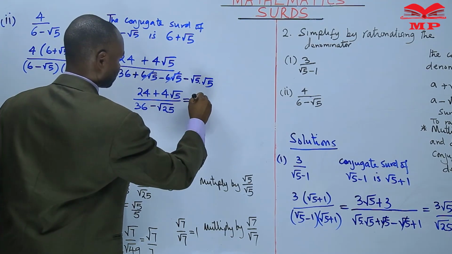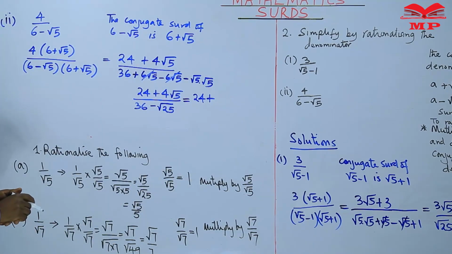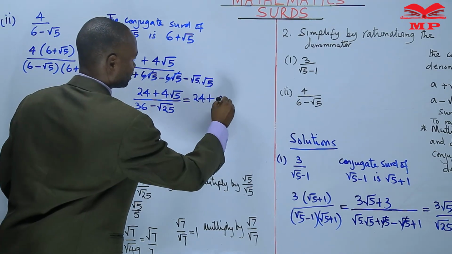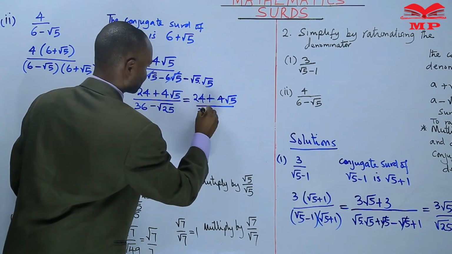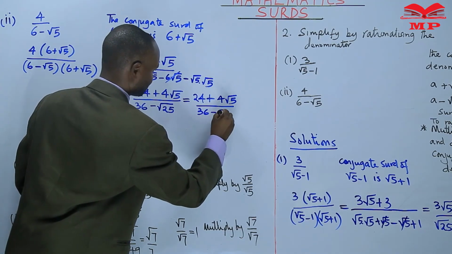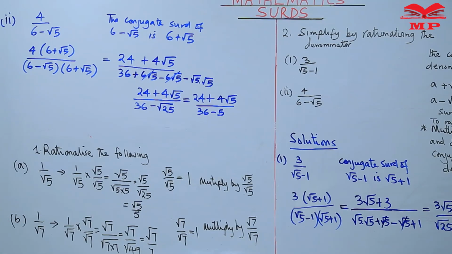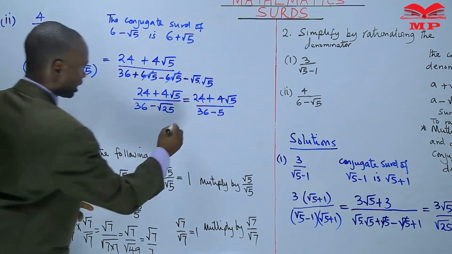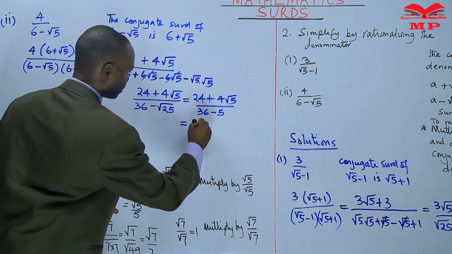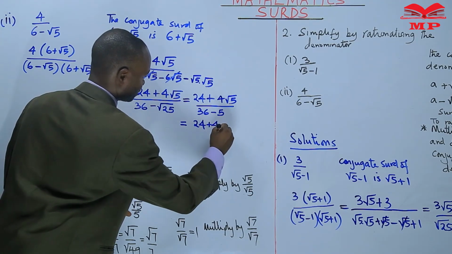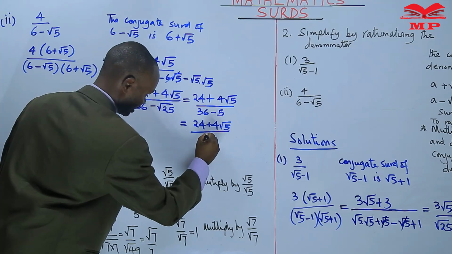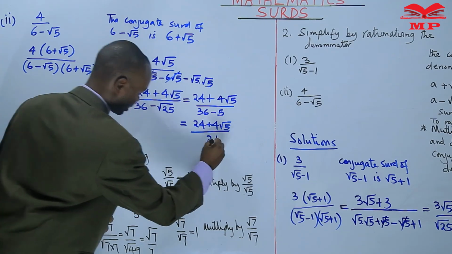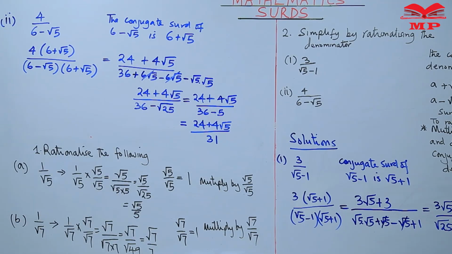So you'll have 24 plus 4 square root of 5 over 36 minus 5. This will work to 24 plus 4 square root of 5 over 31. That gives us our answer.